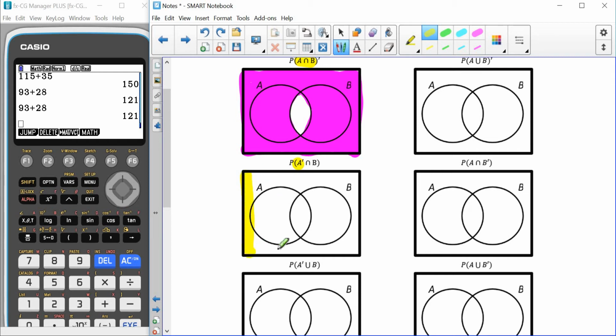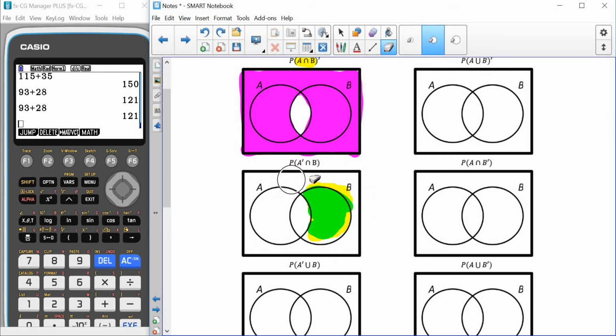So not A is meaning everything that's outside the circle for A. And we're looking at B, so I'm going to colour in the circle for B. And we want where those two colours are overlapping. So I don't want this middle bit here because that was only coloured in green. And I don't want this outside section in here because that was only coloured in yellow.